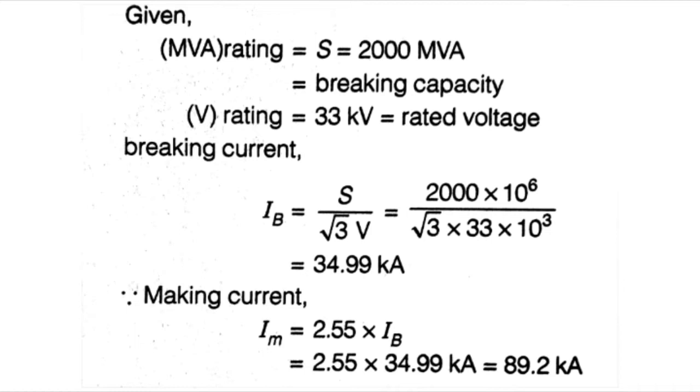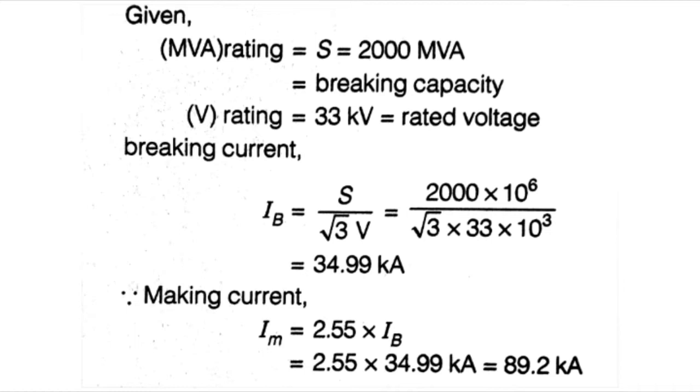So breaking current IB is equal to S upon root 3 into V. So put the values of S and V and calculate. We get the breaking current 34.99 kA, kiloampere. Now we calculate the making current.